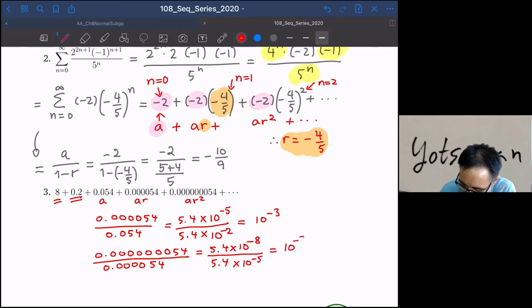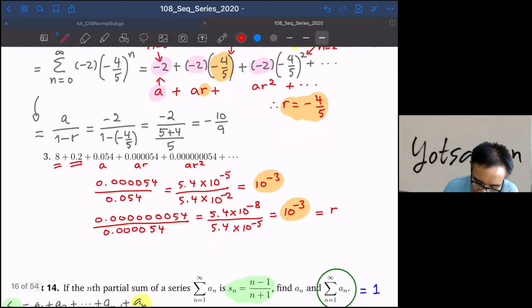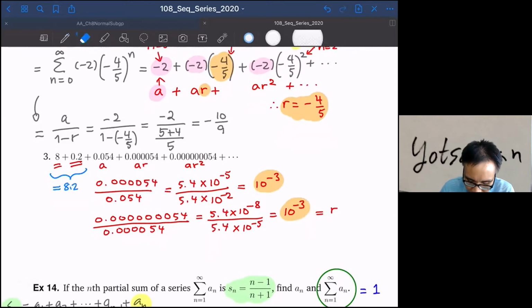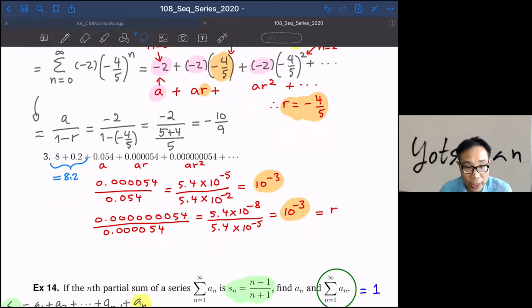So you have 10 to the -3. In this case, the common ratio R is equal to 10 to the -3. So the first two terms will be equal to 8.2, and you must sum them separately. You sum these two terms first, and then for the rest of the terms, you use the geometric sum.